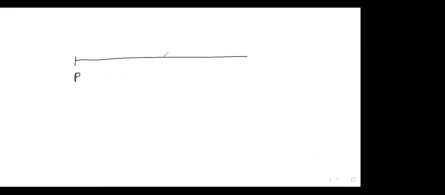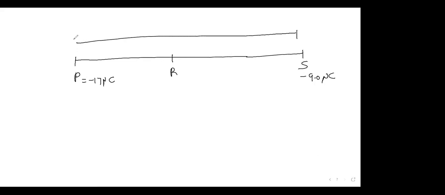They can say this is P, this is R, and this is maybe S. And then they ask you that 2-point charges, P and S, maybe P is -7 microcoulomb, and this is -9.0 microcoulomb, are placed in a vacuum at a distance of 21 centimeters, something like this. And then they say, when a third charge, R, is placed midway between P and S.